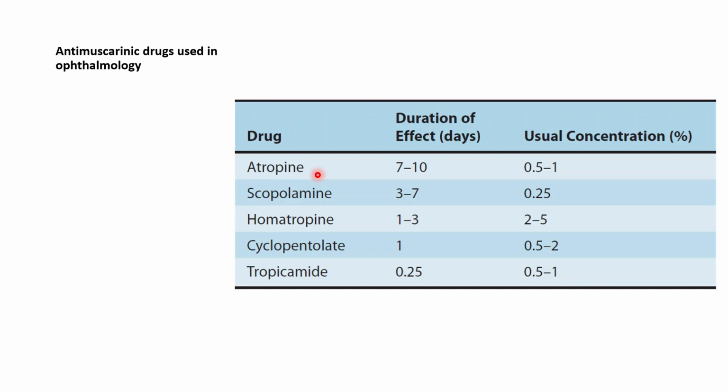The second indication is to prevent the synechia formation in uveitis and iritis, and in that case, long-lasting drugs like homatropine are used.